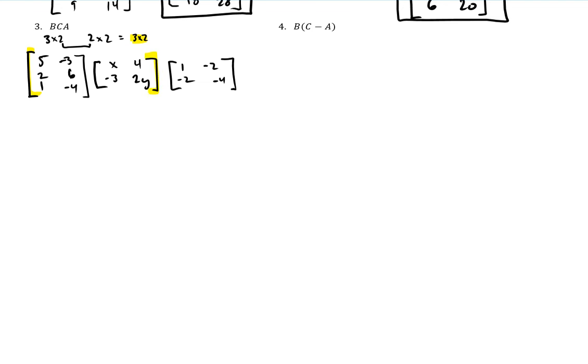So that would be the answer, and then afterwards we would need to multiply it by a 2 by 2. So just to put that to the side. Just to make sure we can multiply that too. So that answer from the previous one, those middle numbers are the same. It looks like our final answer should be 3 by 2. So final size answer is 3 by 2.